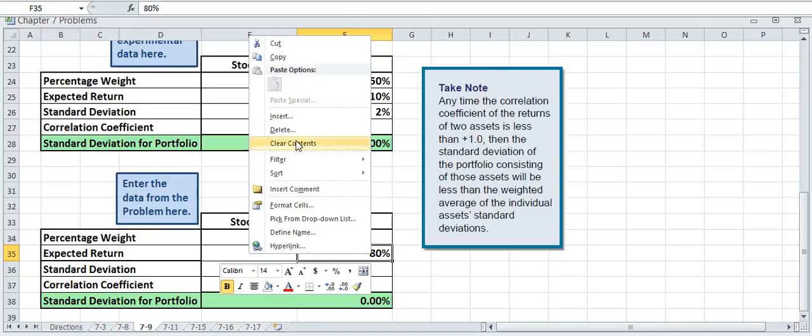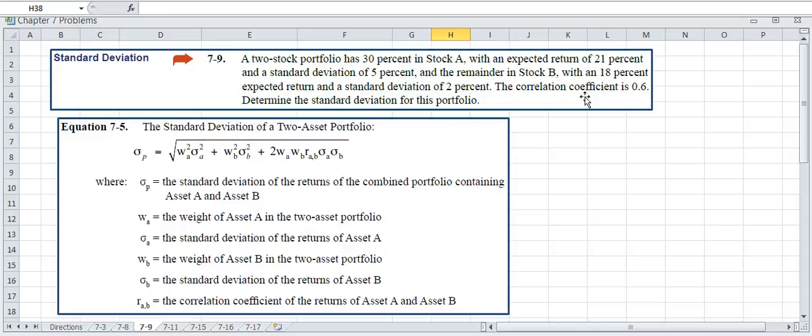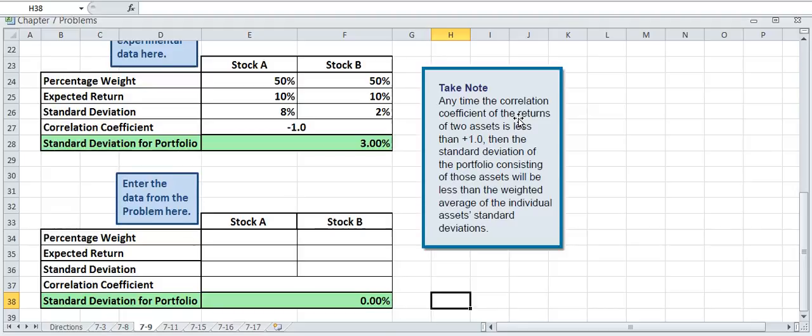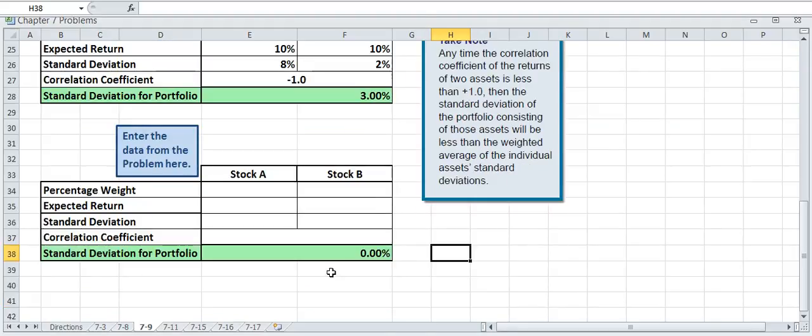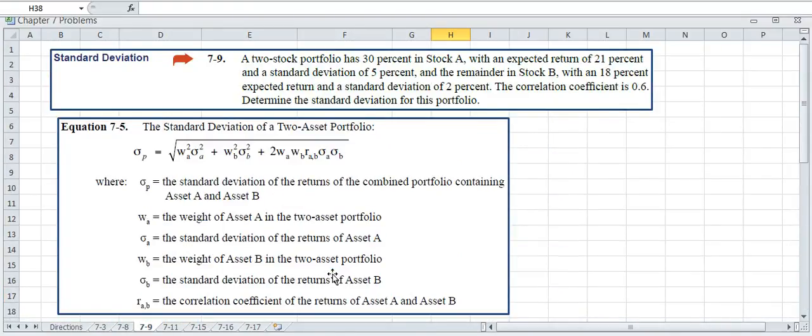And the returns that you need to put here are given to you in the problem right here. So you have those, and you have the standard deviations, and you have the correlation coefficient of 0.6. So you should have everything you need here to find the correct answer for the problem. So that is problem 7-9.